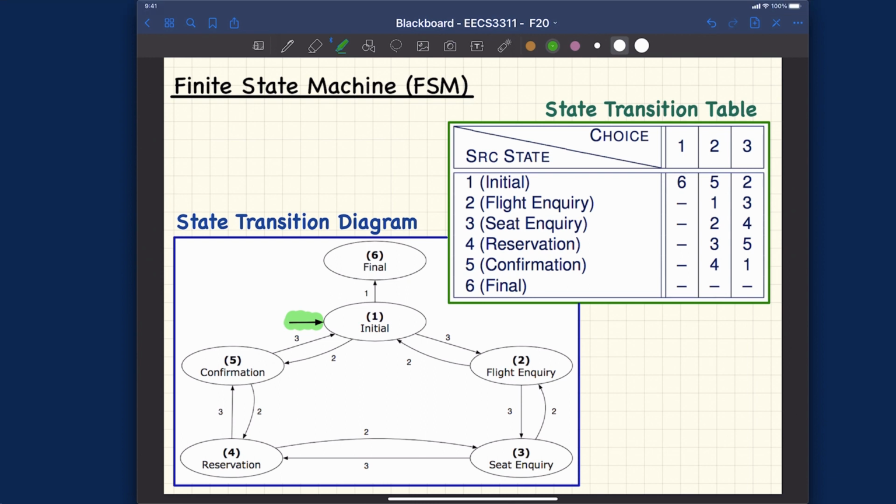Let's say, for example, we are initially in this particular state. We can choose option 1 and then we go to this state, or we can choose option 2, in which case we go to this state, or we can choose option 3 and then we go to another state. In this particular state, the initial state, which we also call state number 1, all the options are applicable. On the other hand, let's say we are now in this particular state.